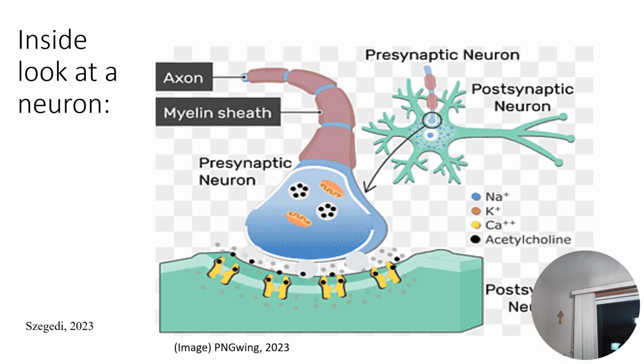And the chemicals utilized in both inhibitory and excitatory postsynaptic potentials. You see that sodium is shown in blue, potassium is in the magenta color, calcium is yellow, and the acetylcholine is the black, the little black dots here. All of these have a role in both of these particular processes.